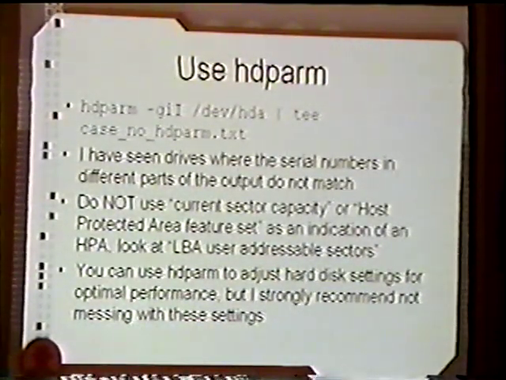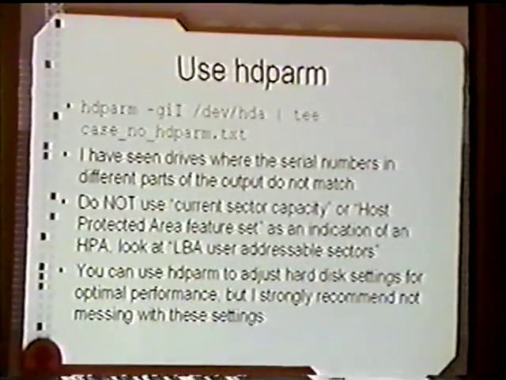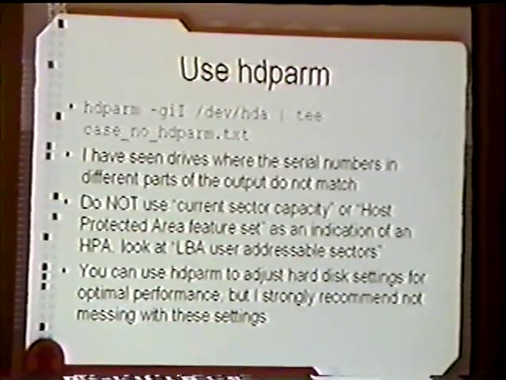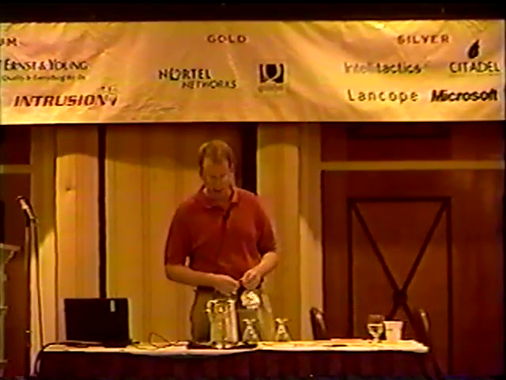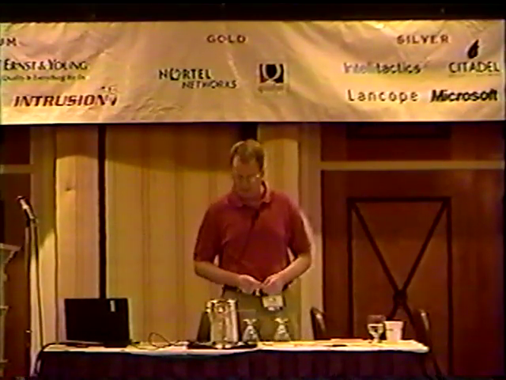The other actually reads directly off the hardware. In theory, those should match, but they may not, so it's good to get both. I've seen instances where the serial numbers on different parts didn't match, and I haven't been able to reproduce it, and maybe I was just crazy that day, but it seemed like it was having endian problems where it was reversing bits of the serial number, so just be aware of that.